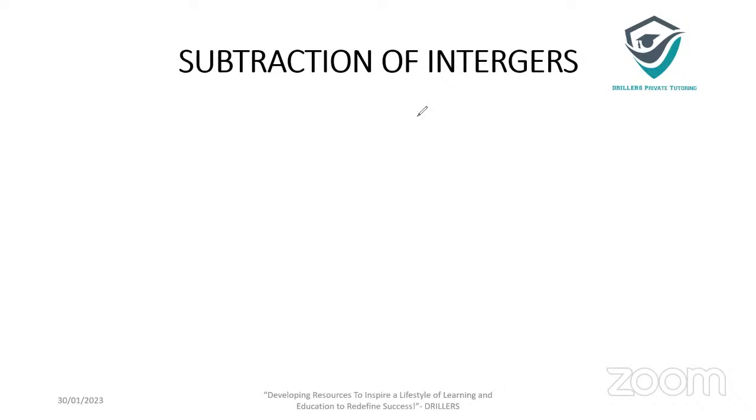What if we had +7 take away +9? So anytime you have two signs coming together, always try to replace it with one sign to make it easier for you to work out your answer.